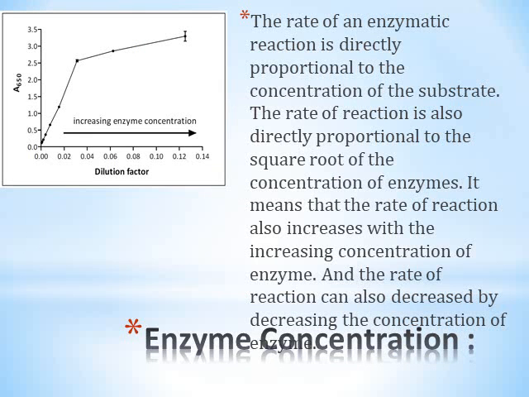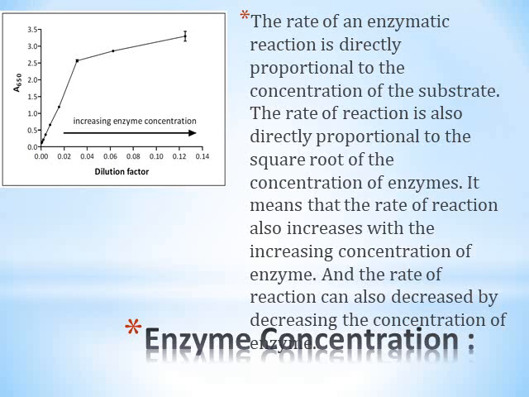Now see enzyme concentration. The rate of an enzymatic reaction is directly proportional to the concentration of the substrate. The rate of reaction is also directly proportional to the square root of the concentration of enzymes.